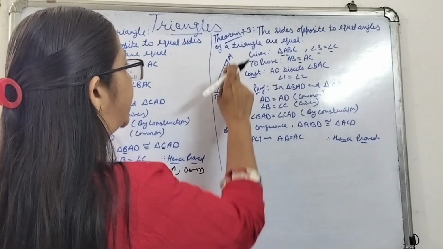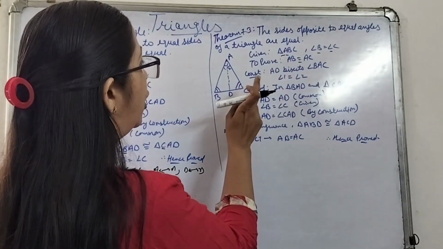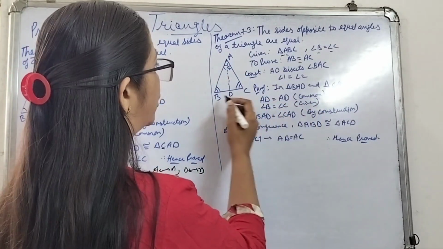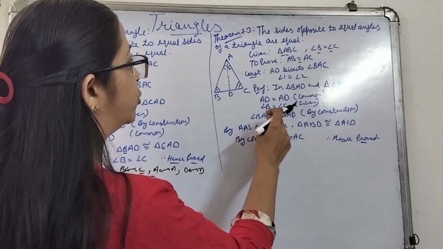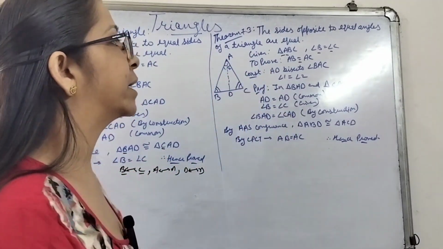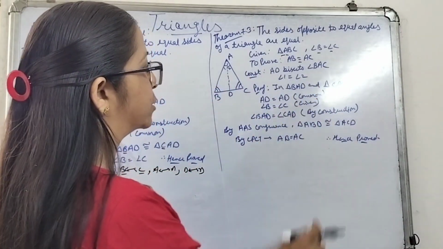In triangle BAD, angle B is equivalent to angle C of triangle CAD. These angles are equal, it is already given to us in the question. AD is common for both the triangles and angle 1 is equivalent to angle 2 by construction. So in these two triangles, AD is equivalent to AD, it is common.